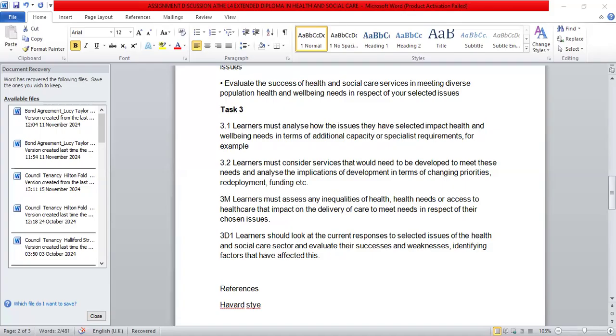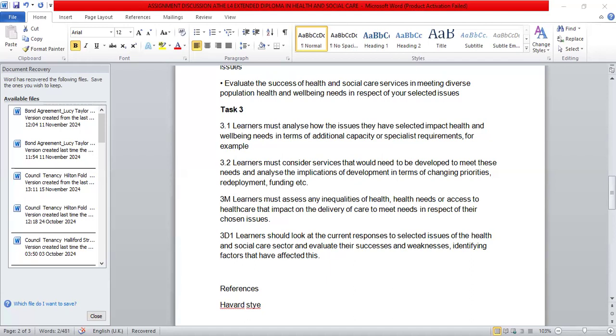Once you assess things like successes and weaknesses, you have to use what we call the SWOT analysis. Do you know the SWOT analysis? Have you heard of it? Exactly. So in assessing the weaknesses and the successes, we have to adapt the SWOT analysis, which will help you to identify if there were any weaknesses, any strengths, or any threats as well. These are things that we have to look into when we talk about that.